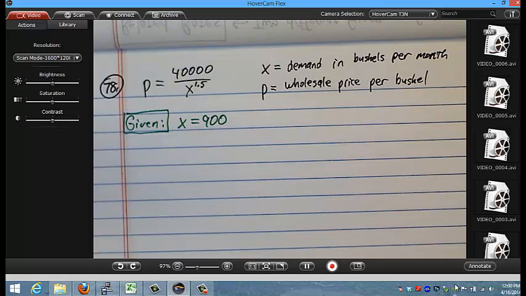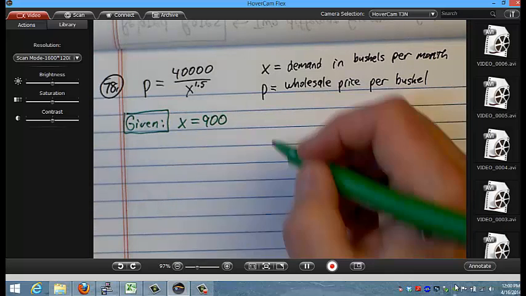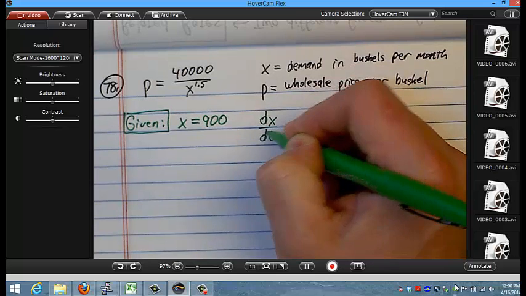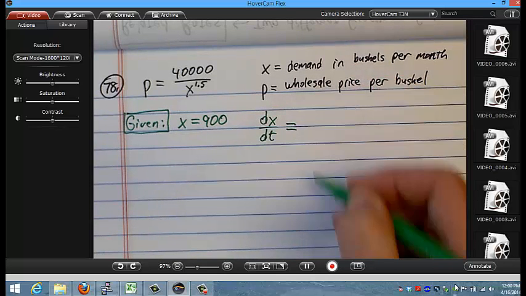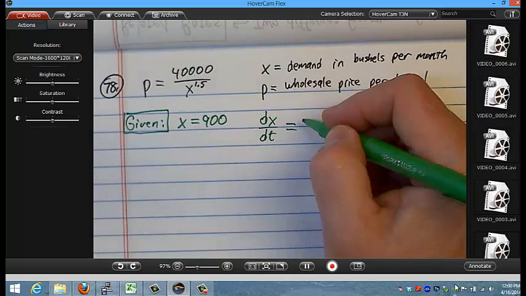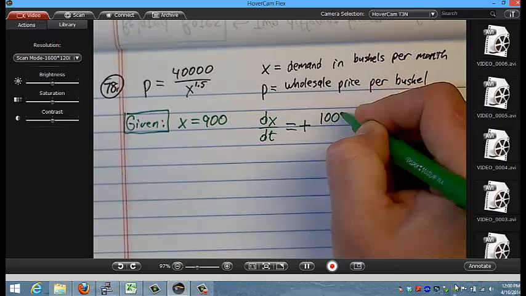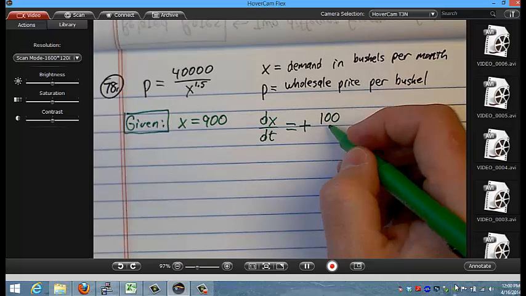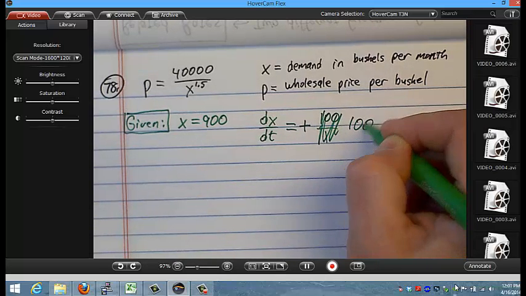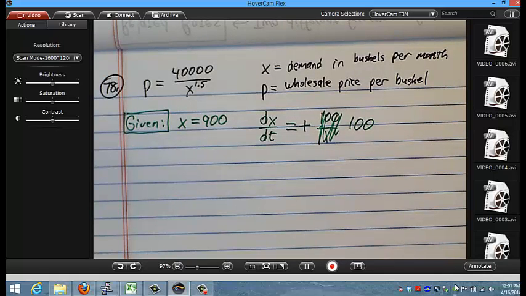What's increasing? The demand is increasing. So how would I write that? As time goes by, dx dt is increasing, so we want positive 100 bushels per month. So I'm given x, I'm given dx dt.